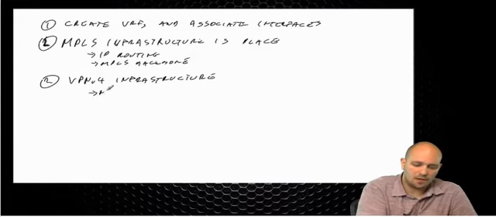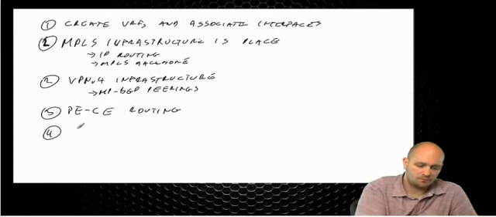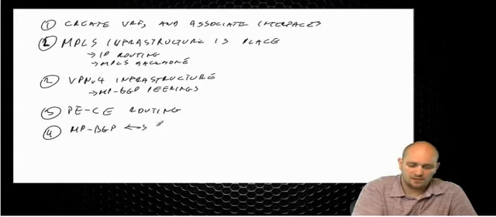Basically, MPBGP peerings. 3, PE/CE routing. 4, MPBGP and PE/CE redistribution.